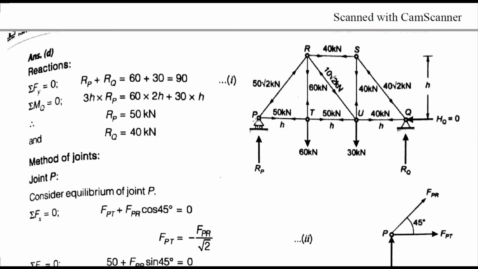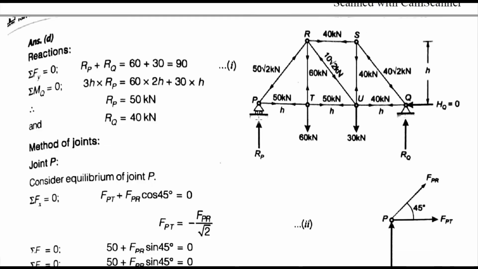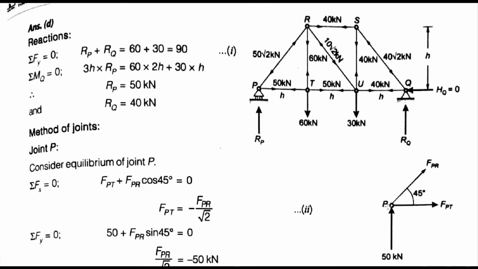Now take our joint P here, and we consider summation of Fx equal to 0 and summation of Fy equal to 0. Draw the free body diagram at joint P. We have a 45-degree angle, and this is our FPR here. This is the force in PR, this is the force in PT. The horizontal part is FPR cos 45 degree, and the vertical part is FPR sin 45 degree.